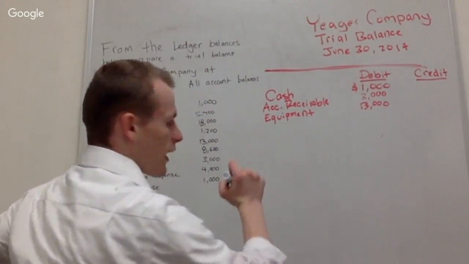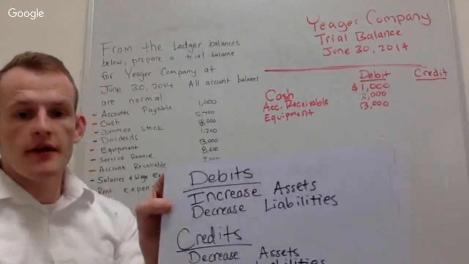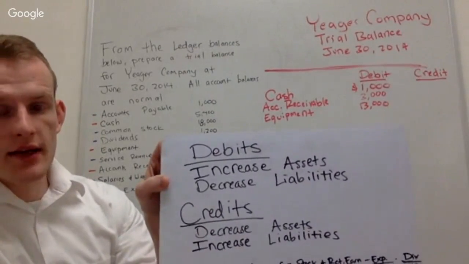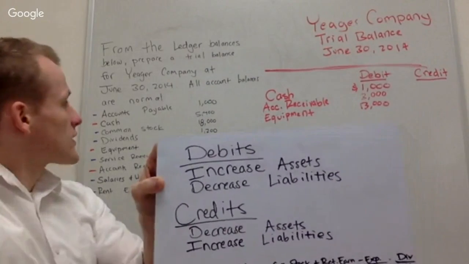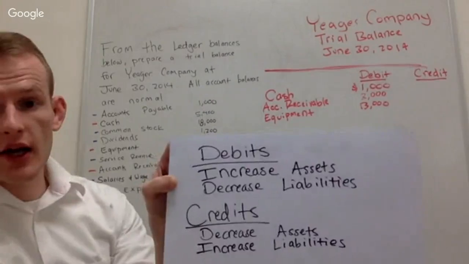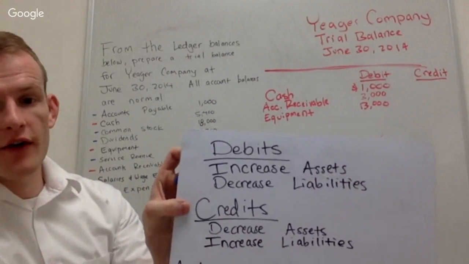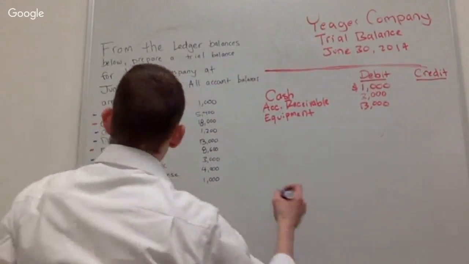First of all, let's determine it is a liability. And so is it increasing or is it decreasing the liability? And as an accounts payable goes, it is actually increasing our liability, which would mean that it is going to fall under the credit column.